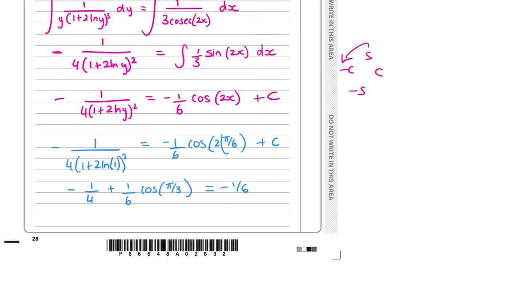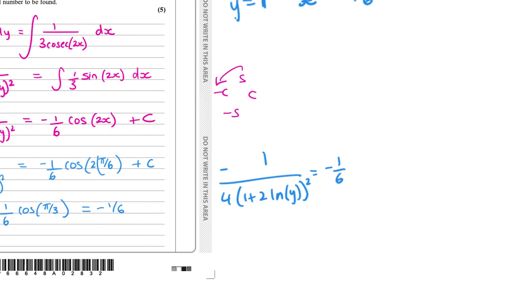So that means we have minus 1 over 4 lots of 1 plus 2 ln of y all squared equals minus 1 over 6 cos of 2x minus a sixth. Oh, they're being very naughty. Do you see it? Minus 1 over 6 cos of 2x minus 1.